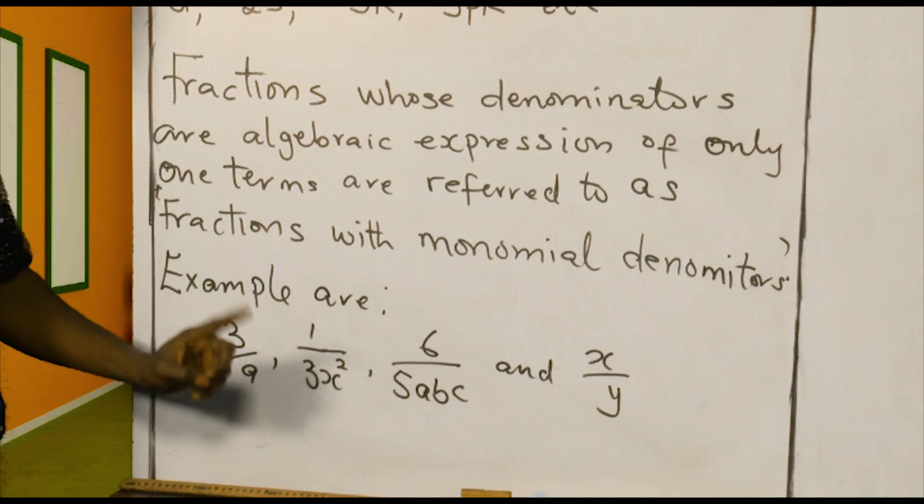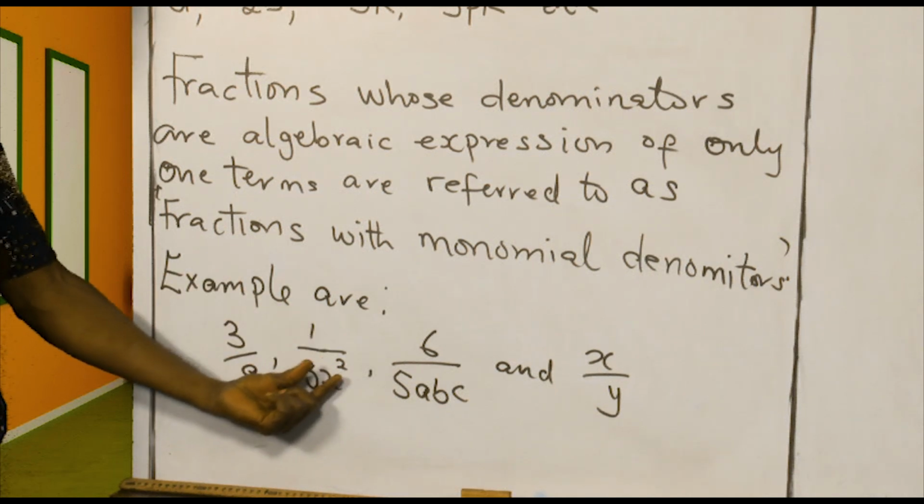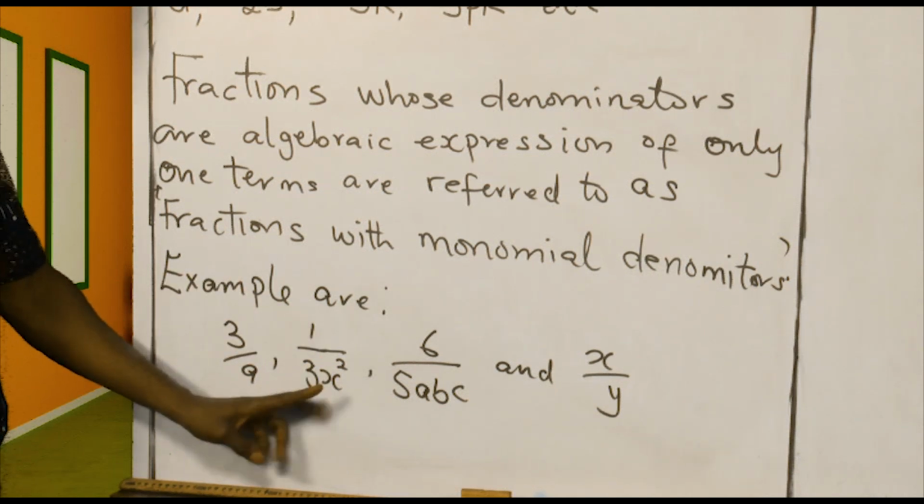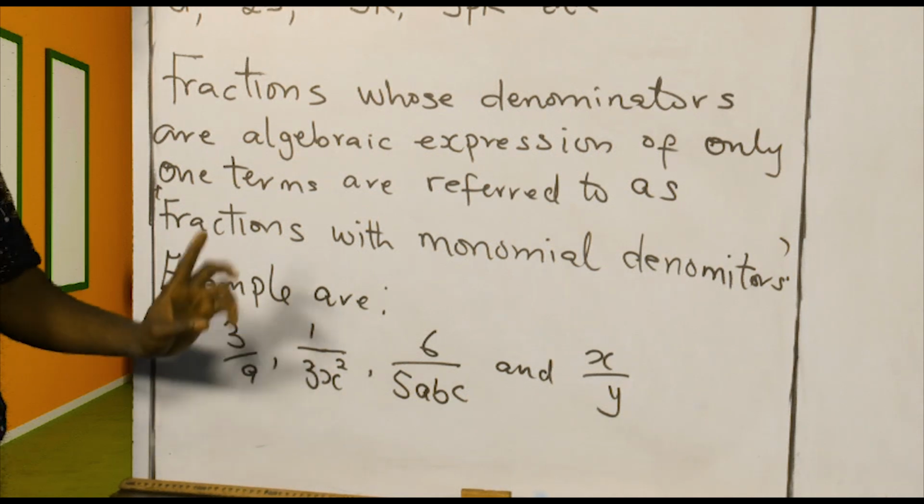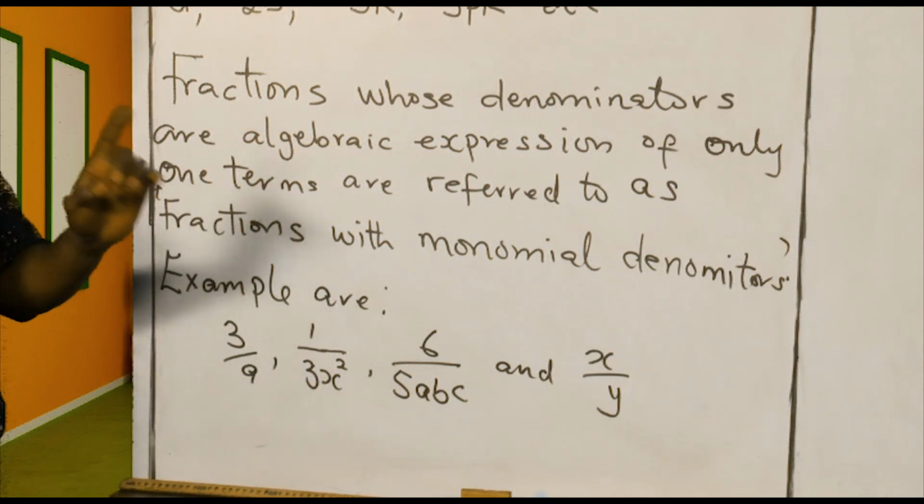3s squared is firstly an algebraic expression. The denominator here is an algebraic expression as well as a monomial. It is not a binomial.